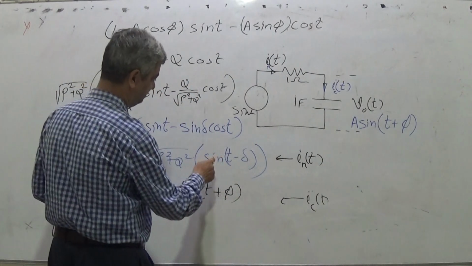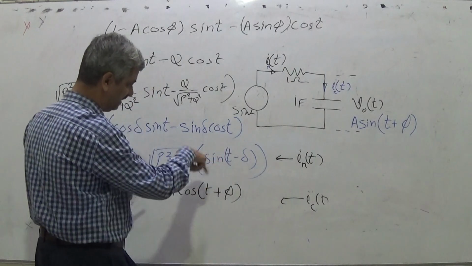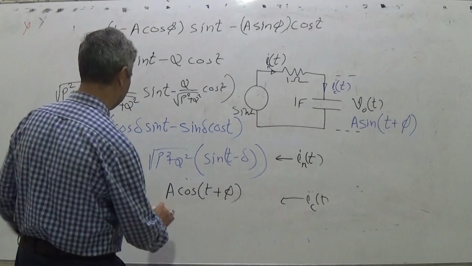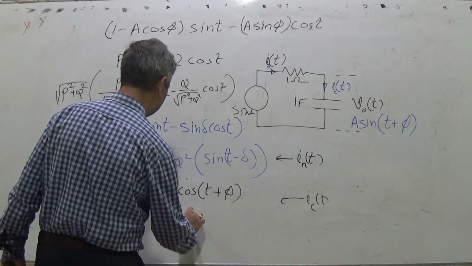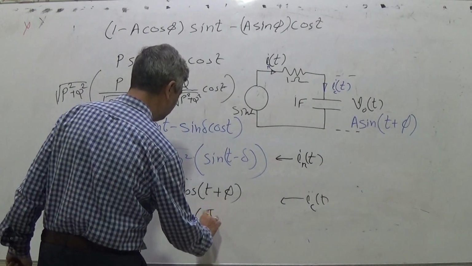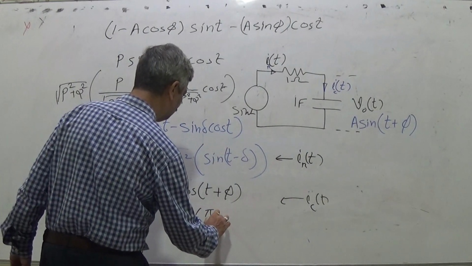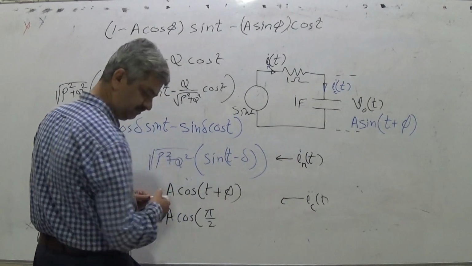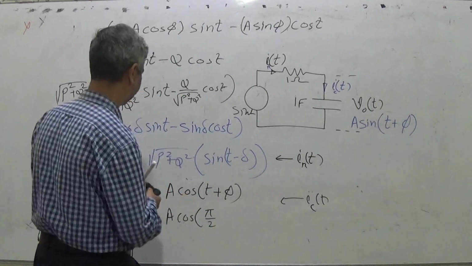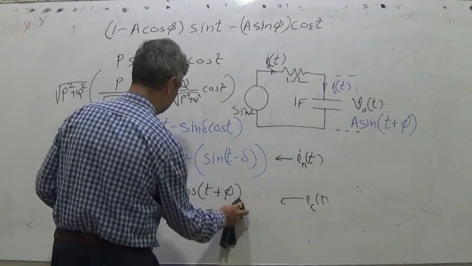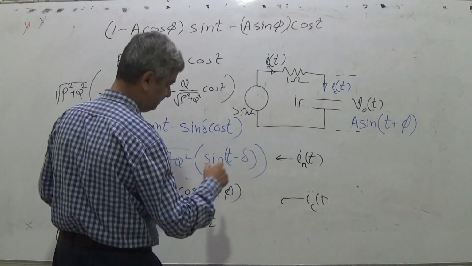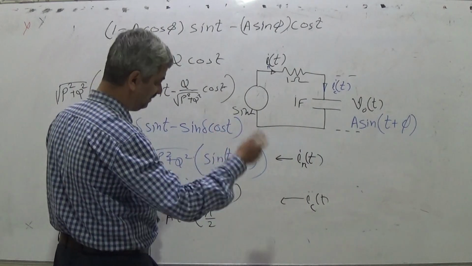Now this sine and cosine you can equate, since cos is sine of pi by 2 plus theta.